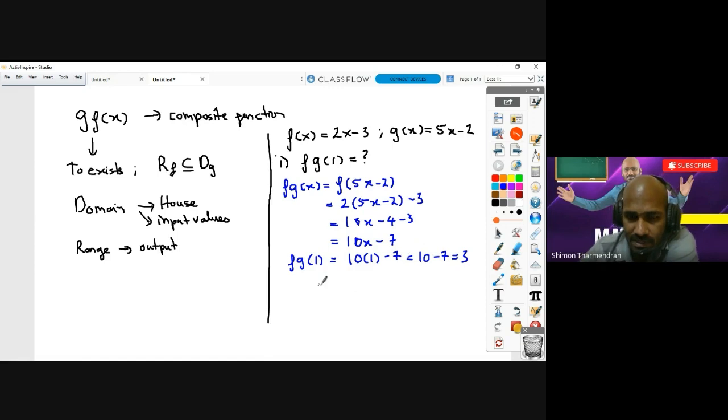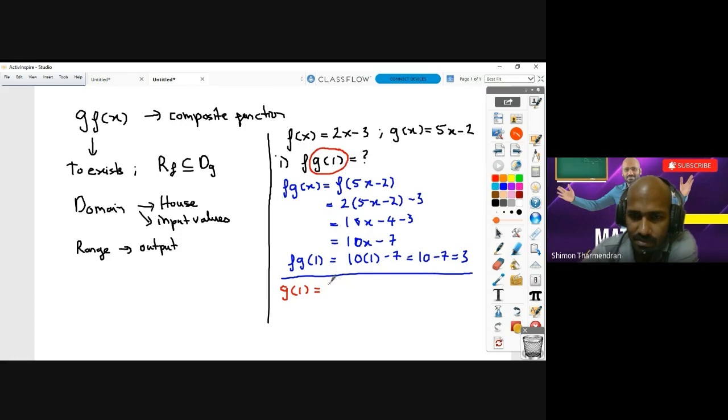And then look at something else. I'm going to show you another way to approach this. g of 1 is inside my f. So what I'm going to do first, I'm going to put 1 into my g. I'm going to find g of 1.